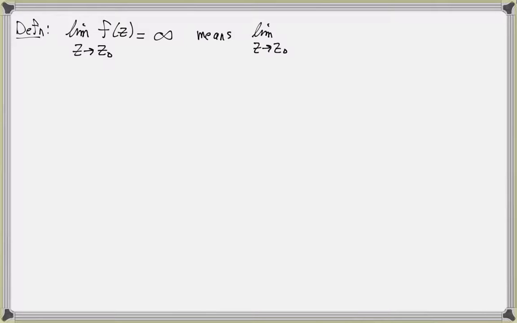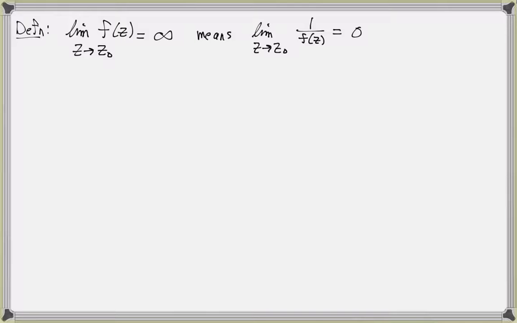So now let's discuss some definitions involving limits at infinity. We're going to define the limit of f of z as z approaches z0 to be equal to infinity to be equal to the fact that the limit as z approaches z0 of 1 over f of z will be equal to 0.